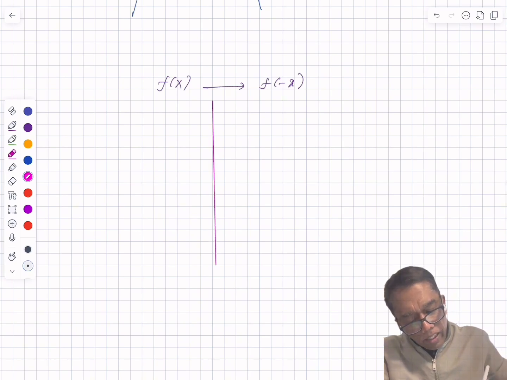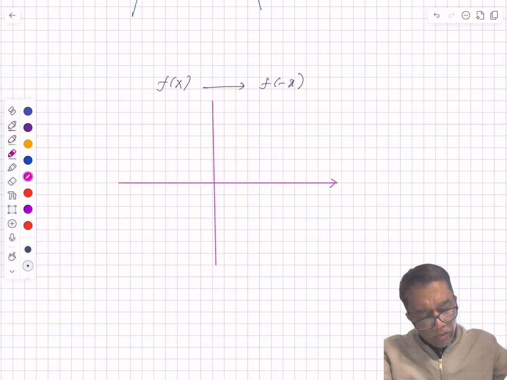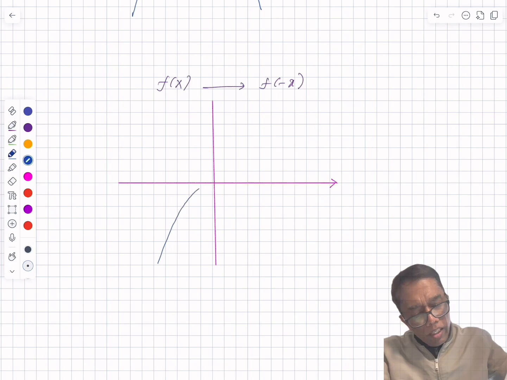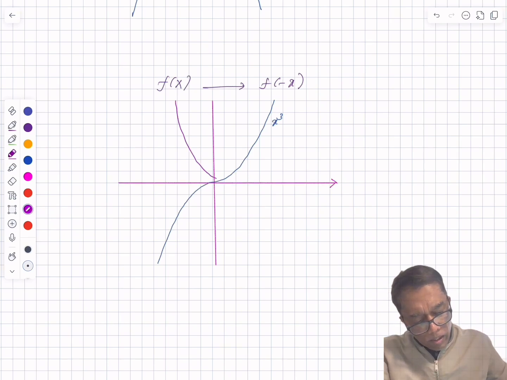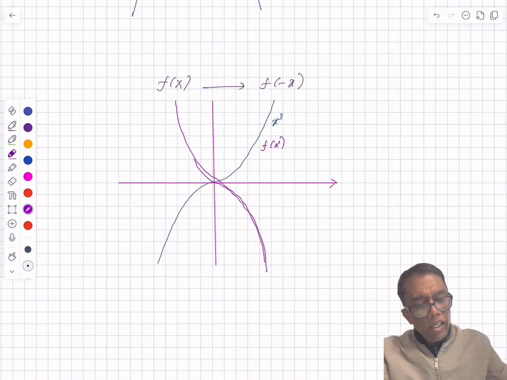The f(x) = x³ is this way. This is f(x), this is −x³ or f(−x). It is reflected in the y-axis.